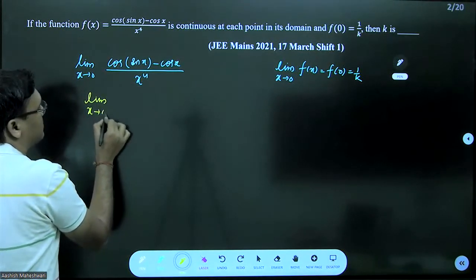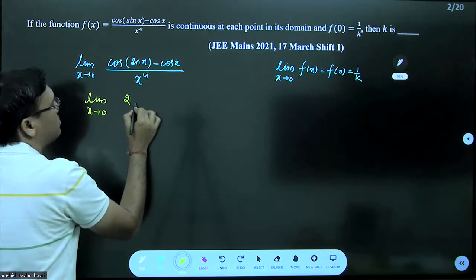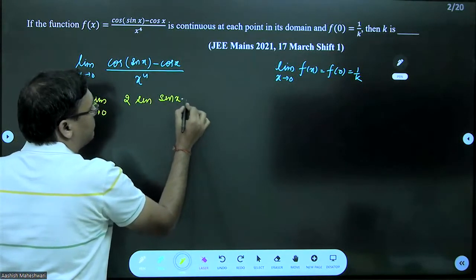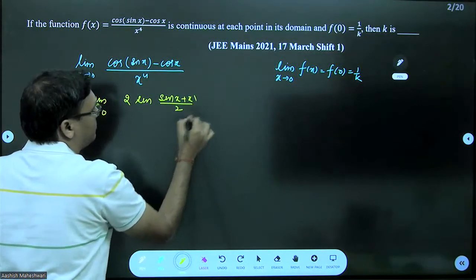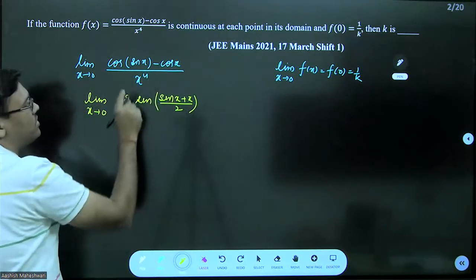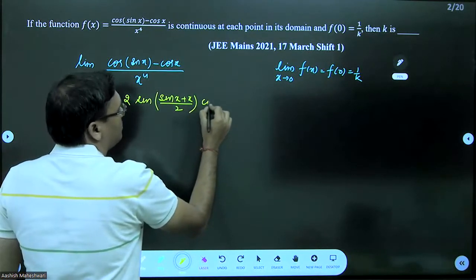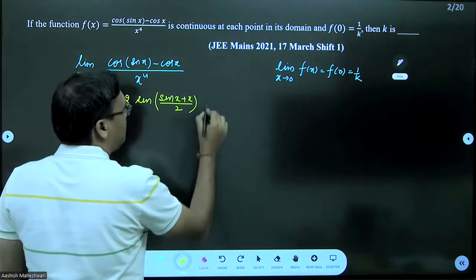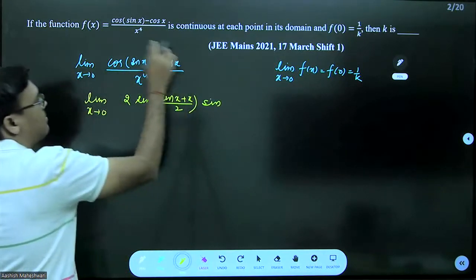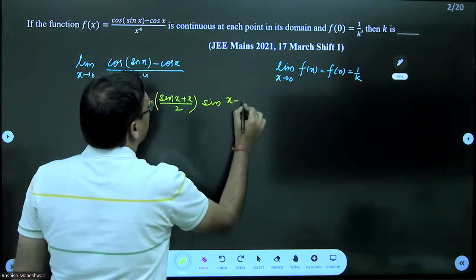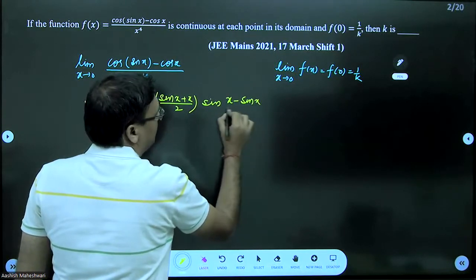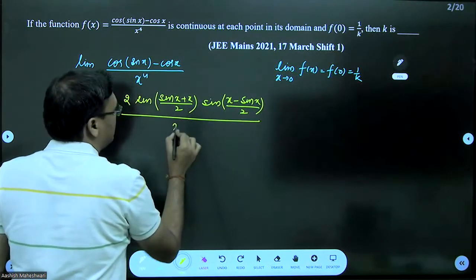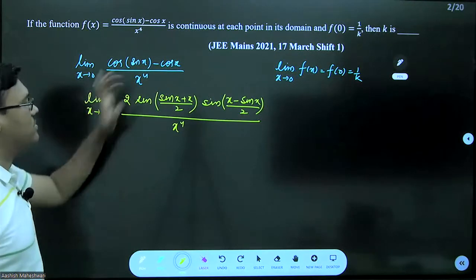It is 2 sin((C+D)/2) sin((D−C)/2). So this is limit x approaches 0 of 2 sin((x + sin x)/2) sin((x − sin x)/2) upon x^4. This is the formula for cos C minus cos D.